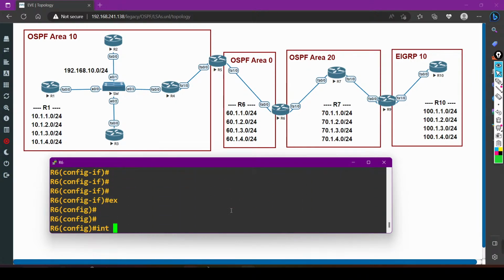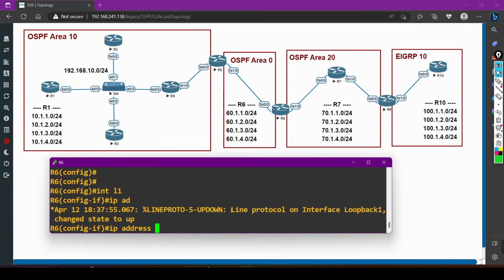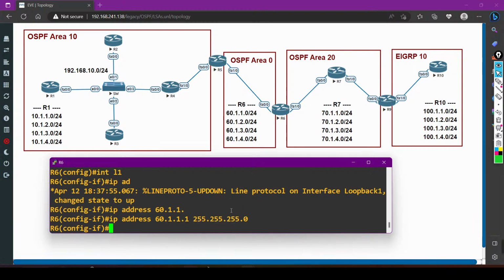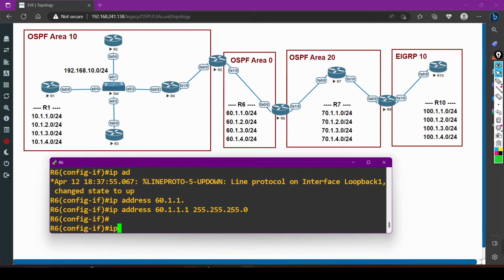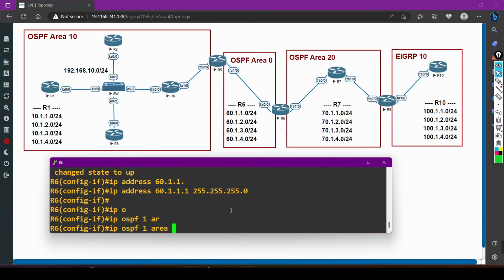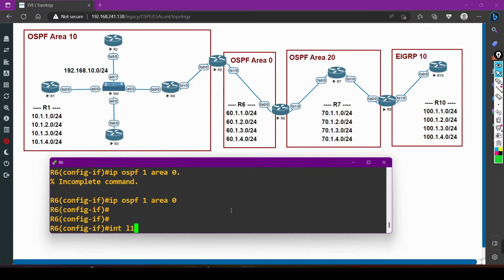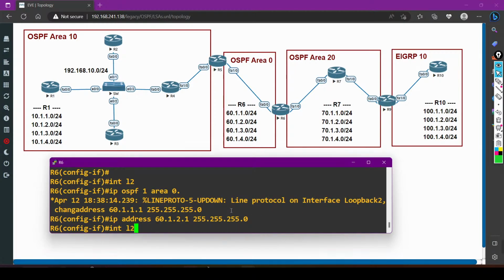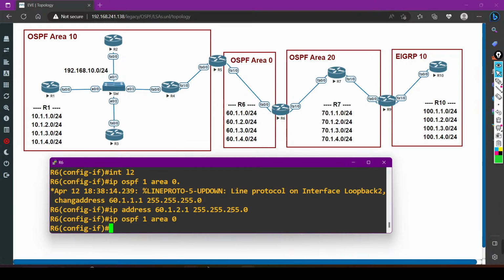Now interface loopback 1, IP address 60.1.1.1, 255.255.255.0. IP OSPF 1 area 0. Interface loopback 2, IP address over here will be 60.1.2.1 and IP OSPF 1 area 0.